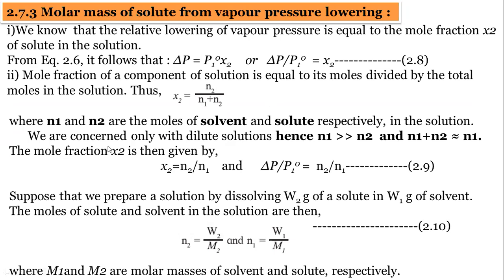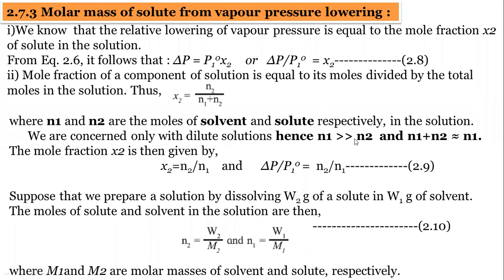We are dealing with dilute solutions. Dilute solution means the number of moles of solvent will be very, very high, so this N1 will be very, very high. For a dilute solution, the solvent is more, so N1 is very, very much larger than N2.